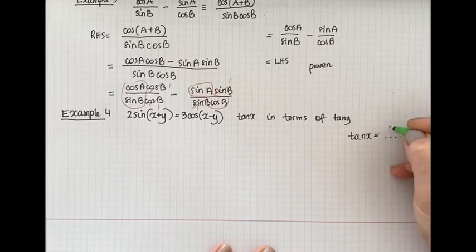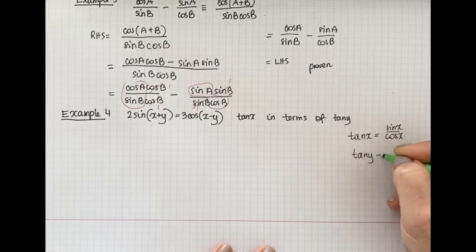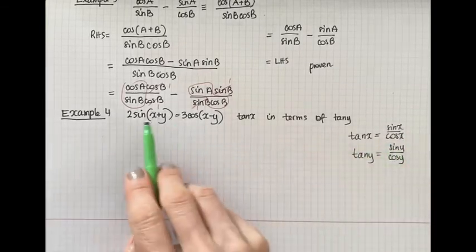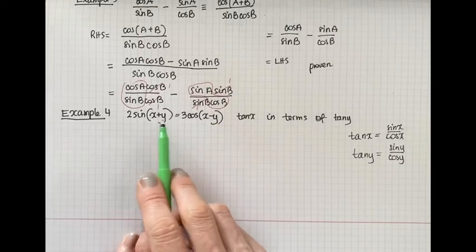But tan x is sine x over cos x, and tan y can be expressed as sine y over cos y. So I'm hoping to create these from the expression that I obtain after expanding both sides.